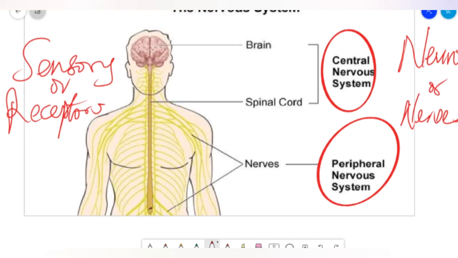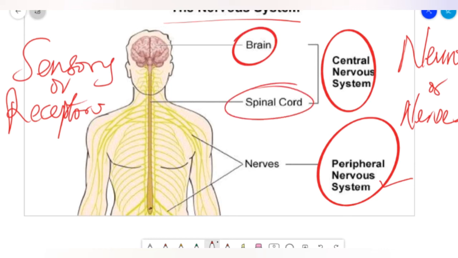Now, going back into our lesson, we said that the nervous system is divided into the central nervous system and the peripheral nervous system. The central nervous system is made up of the brain and the spinal cord, while the peripheral nervous system is made up of nerves or neurons.